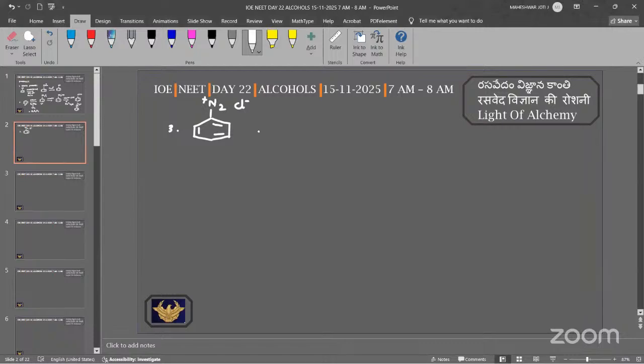In the place of N2 plus, we should get OH minus, so treated with water. Product is phenol. What is the type of mechanism involved in it? SN1 type. Right?